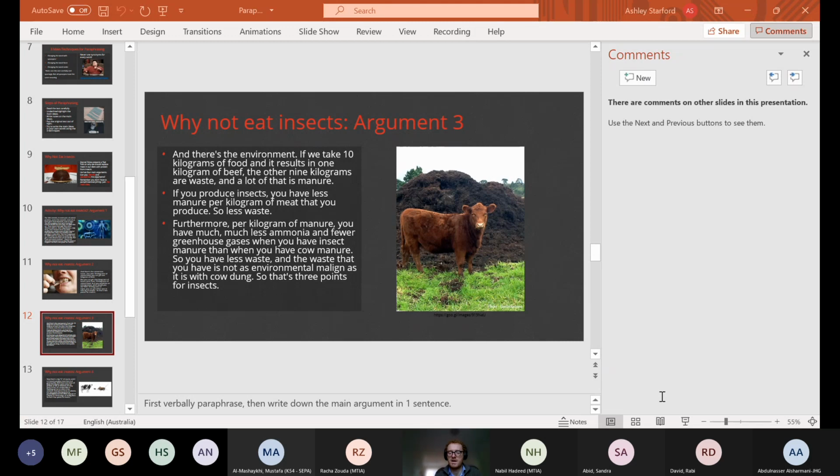That's pretty good. Nice summary. My response was insects produce less waste than other animals, and therefore are more environmentally friendly.